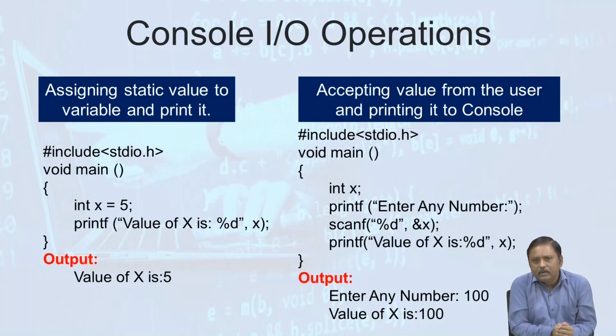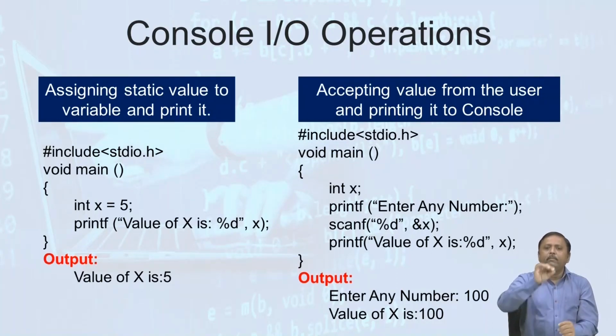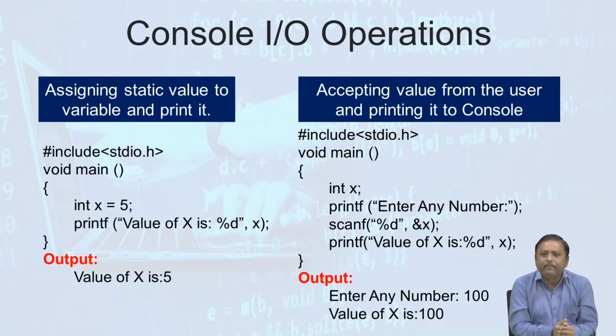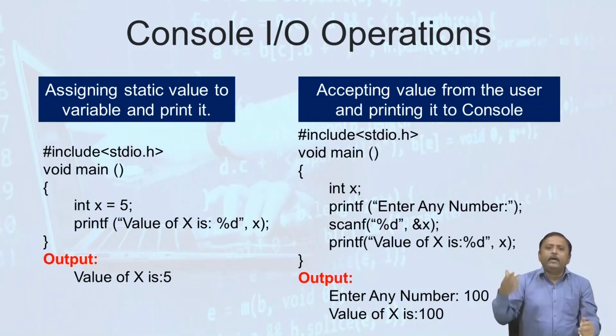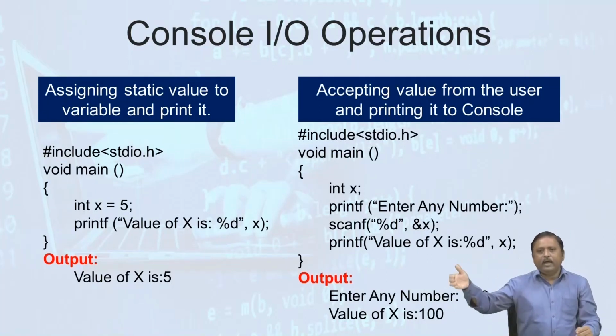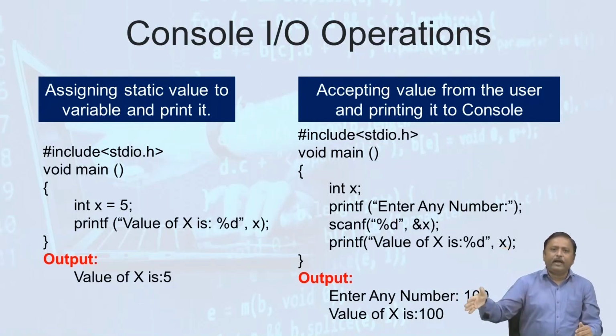So this is the meaning of the scanf function written here. And finally, whatever value is entered by the user will be displayed on screen, like earlier where we used printf. Value of x is %d. %d means here I want to print an integer value. But integer value of what? The next argument is x. If I write y, then y.